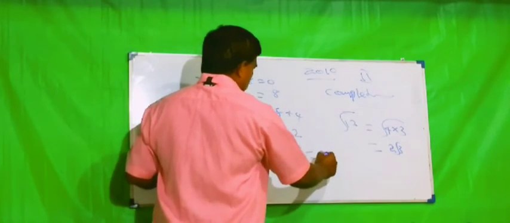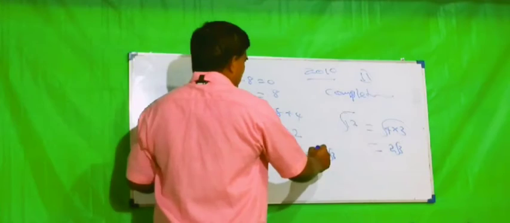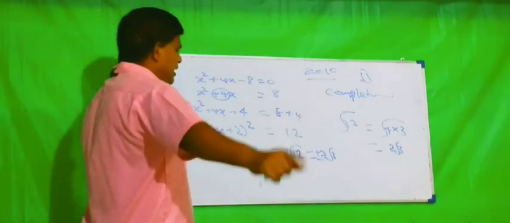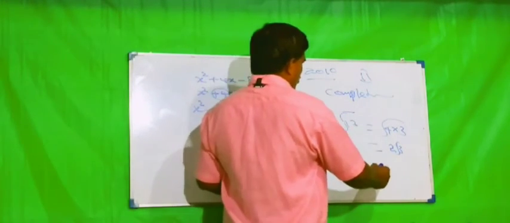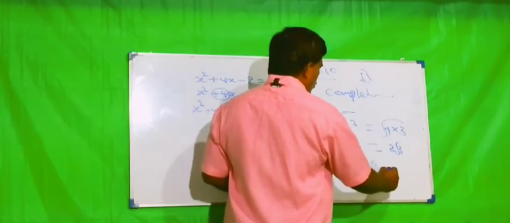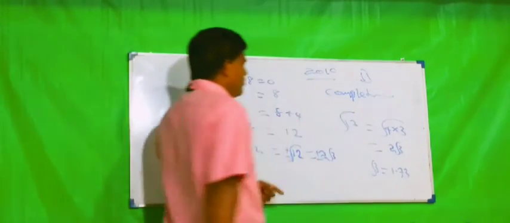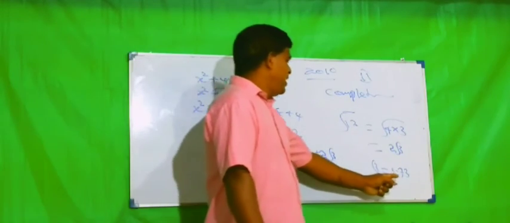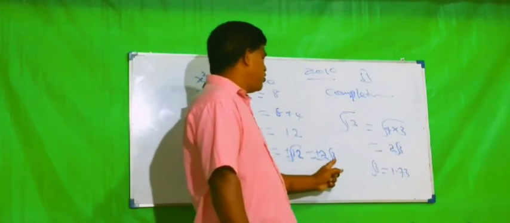Then it is 2 root 3, here plus or minus. Now, in that question, initially the square root of 3 is taken as 1.73. Now we can substitute this value instead of the square root of 3.